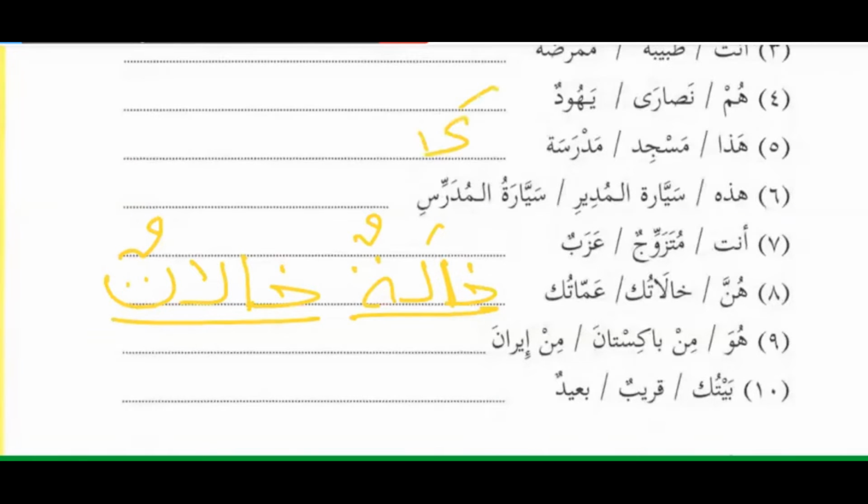So now here it is hunna khalatuka. If we have khalatun, what will be the jama? Khalatun. If we have ammatun, what will be the jama? Ammatun.